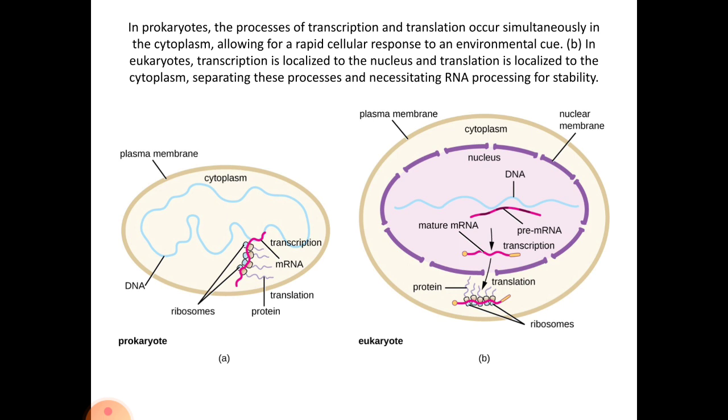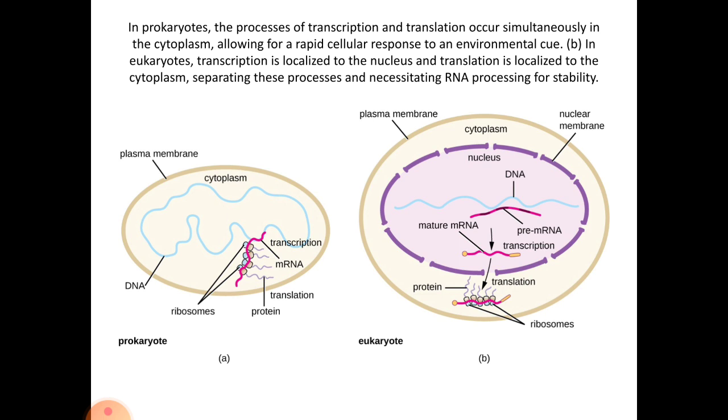In prokaryotes, the processes of transcription and translation occur simultaneously in the cytoplasm, allowing for a rapid cellular response to an environmental cue. In eukaryotes, transcription is localized to the nucleus and translation is localized to the cytoplasm, separating these processes and necessitating RNA processing for stability.